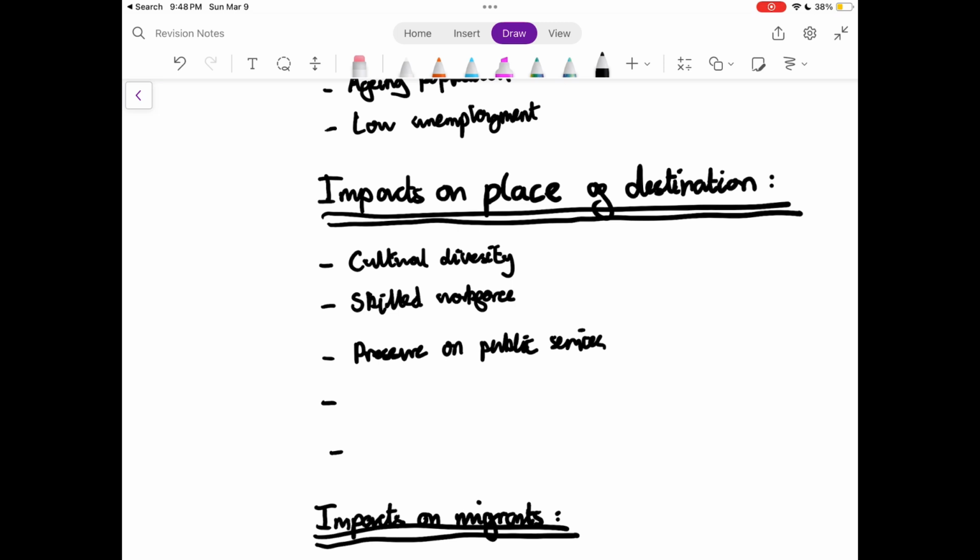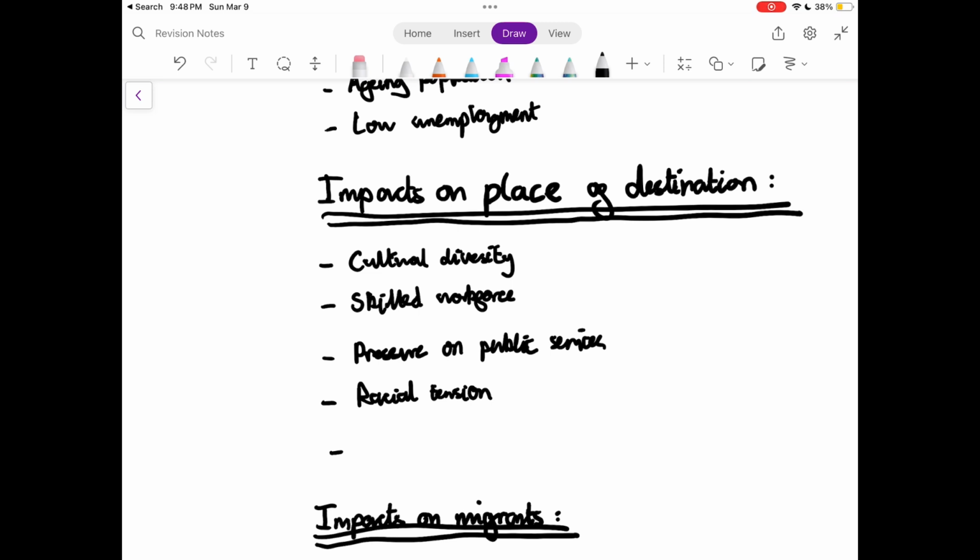And this is because there is an increase in population in the destination. So this places a burden on healthcare, education, and a variety of different public services. And the next thing is racial tension. And this is because those natives already living in the place of destination may think against letting migrants erode their culture and their identity.